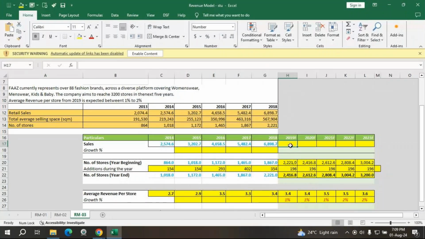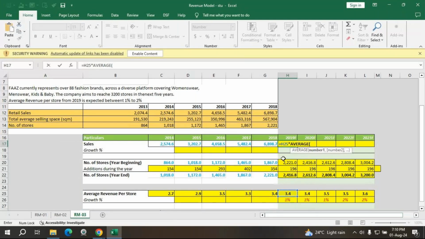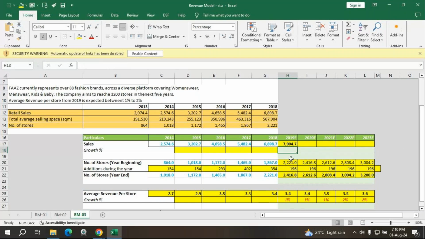So here it will be equals 3.4, that is average revenue, into the average of the beginning number of stores, comma, closing number of stores. Enter. So the revenue, the sales that has happened is 7904.